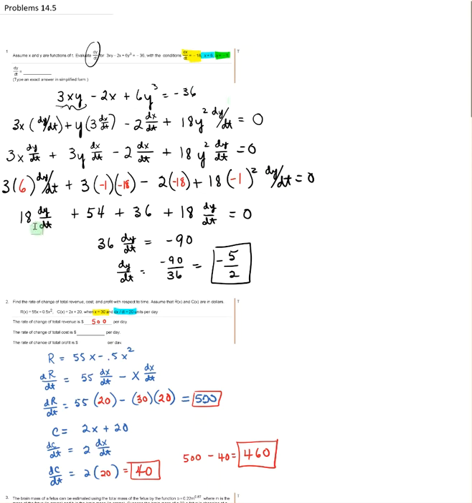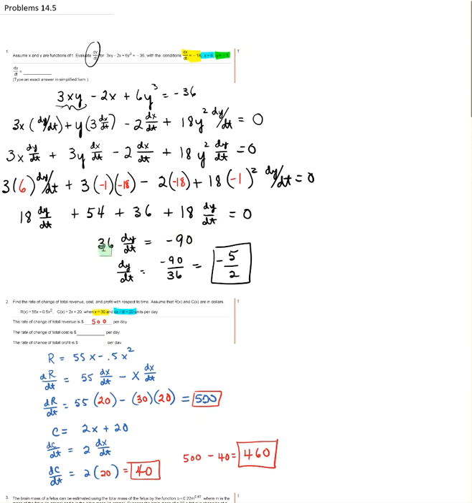So now I have 18 dy dt plus 54 plus 36 plus 18 dy dt equals 0. I'm going to combine the dy dt's, so I have 36 of those, and 54 and 36 is 90. I'm going to subtract that to the other side.